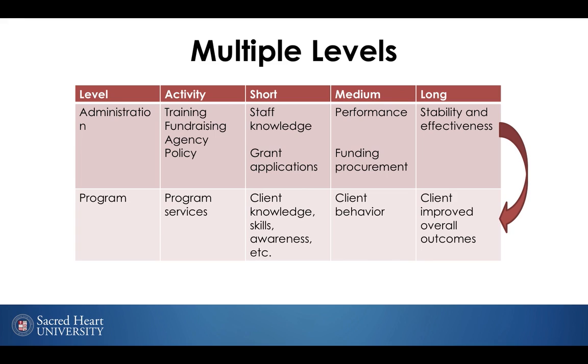These map out your actual services and then look at, as a result of those services, what are our short-term, medium-term, and long-term outcomes. So that's just one way that you can handle those differences in outcomes, administrative versus programmatic. If there's a way for you to separate them out, it will make it easier to understand your logic model.